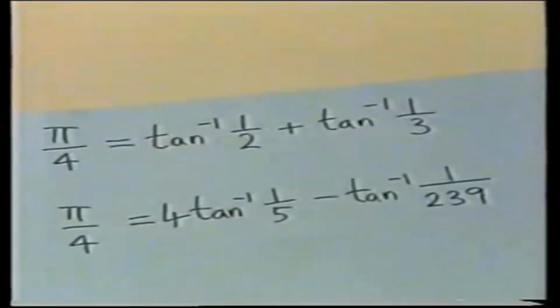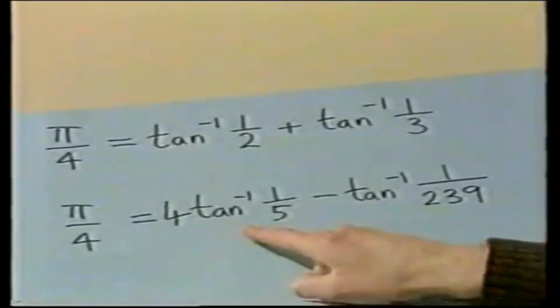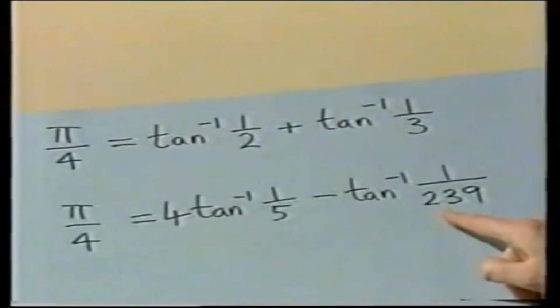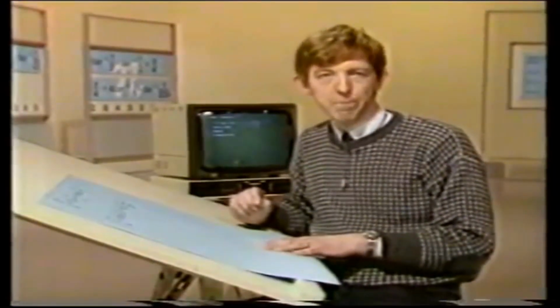But in the same way, we can use this equation, Machin's formula, to obtain another series for pi by 4 by adding together the corresponding terms of these 2 series. We've written a computer program to calculate the partial sums of the series obtained from these 2 formulas. And we've multiplied by 4. Let's see how quickly each of them approximates pi.